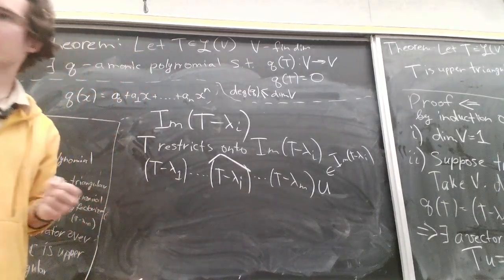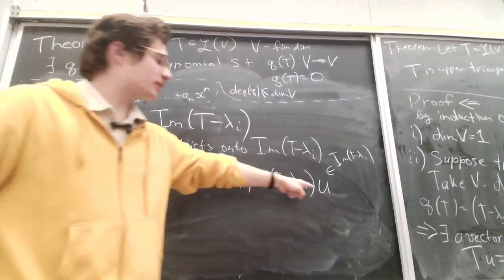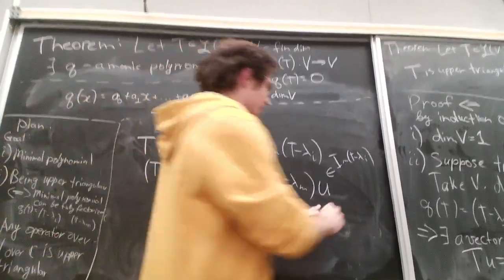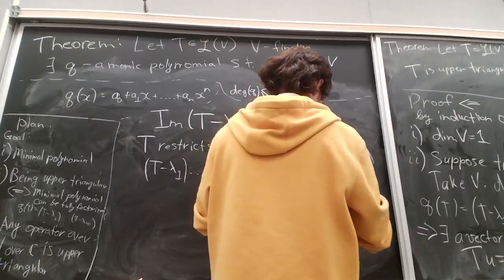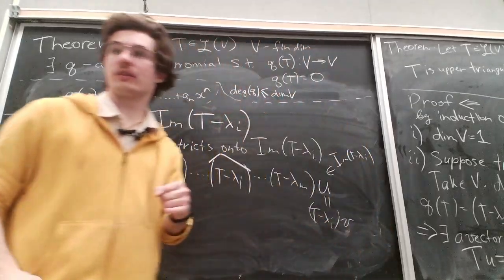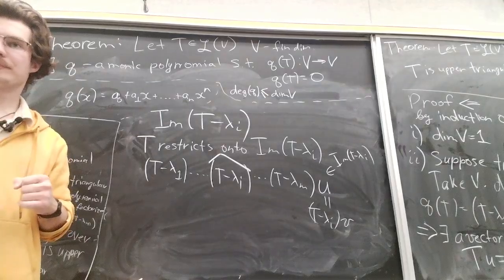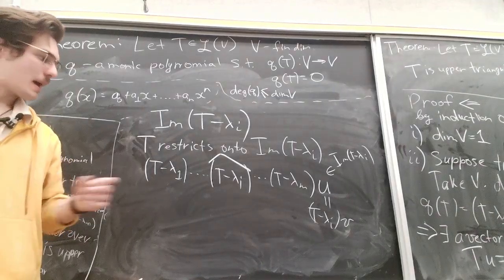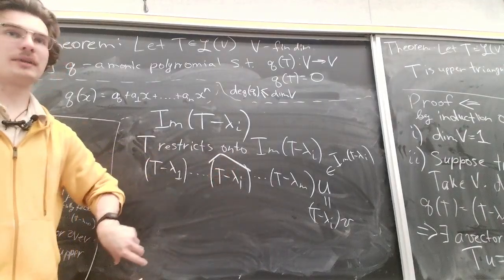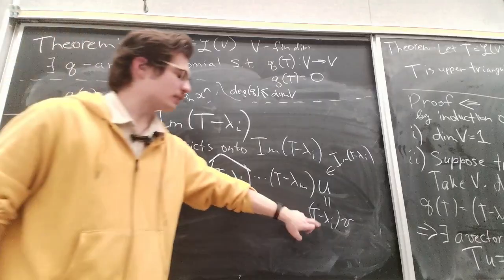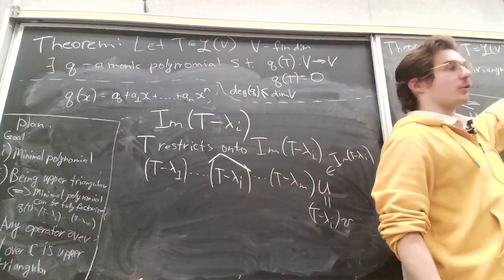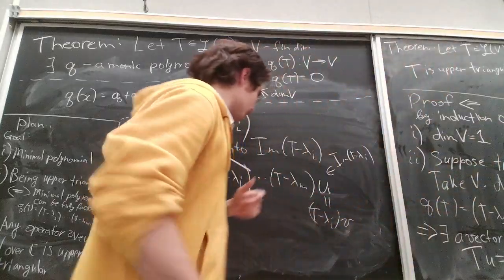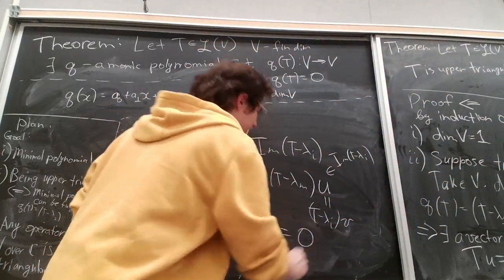If u is in the image of T minus lambda I, then u is secretly equal to some T minus lambda I times v. Do you agree? But here I had T minus lambda I removed, and here it appears again. So I get back the minimal polynomial from before, and so I know that this has to be 0.